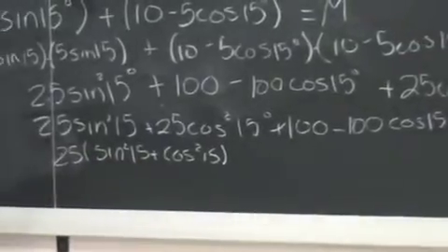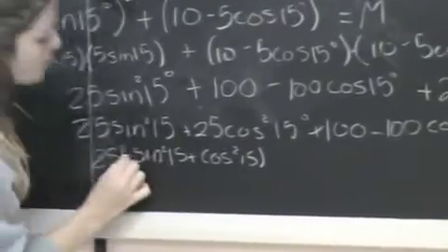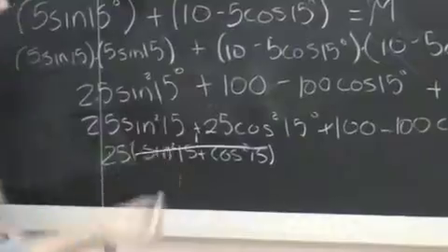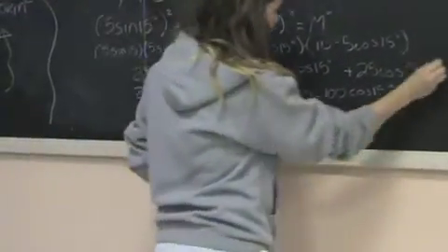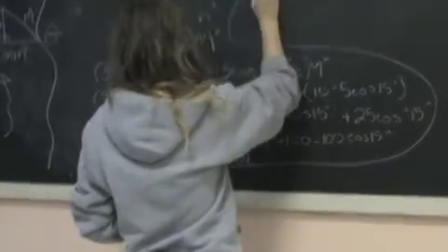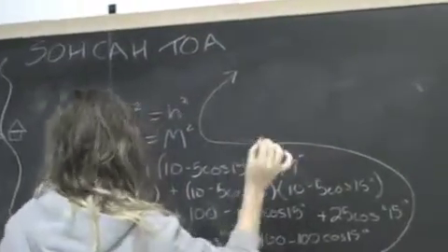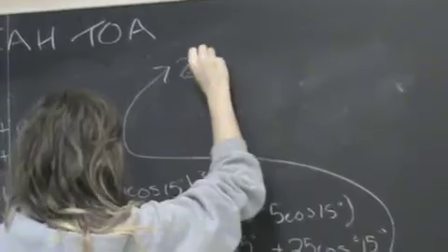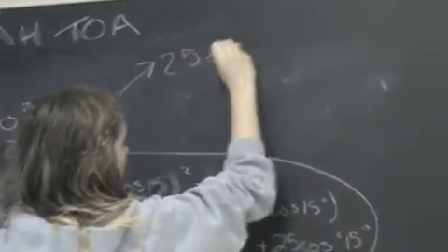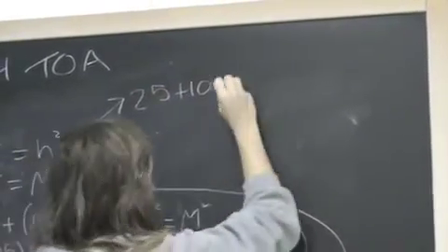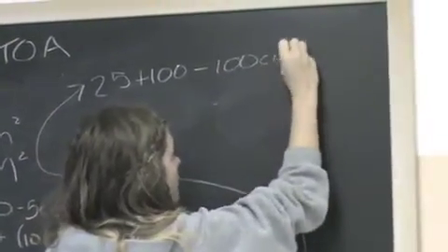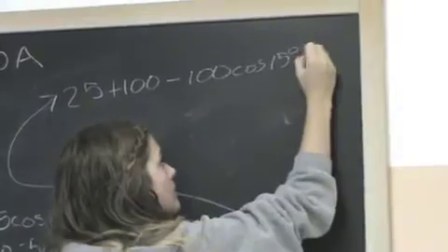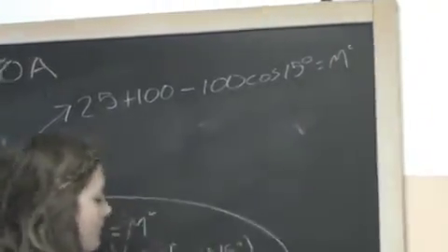1. The rule of 1, exactly. So you basically cross this out because it's 1. So then you're left with, move it up here, you're left with 25 plus 100 minus 100 cos 15 equals m squared.